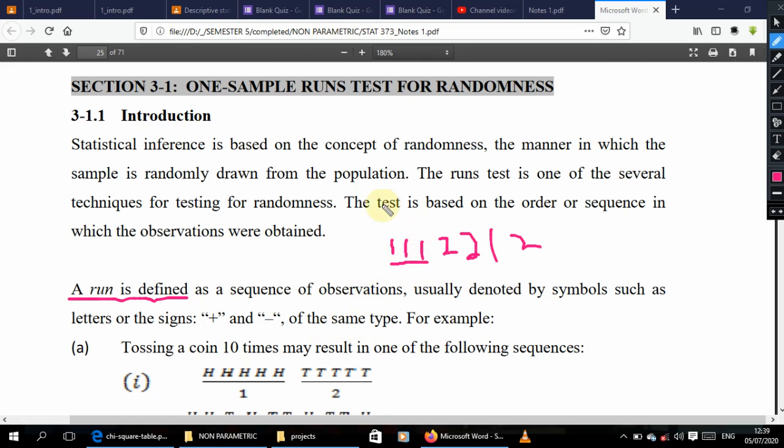So this is one run. This is another one, male, male, of the same type. So this is two runs. This will make it 3, and this will make it 4. So in this sequence, there are 4 runs.